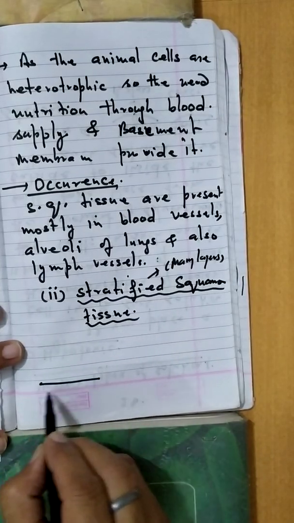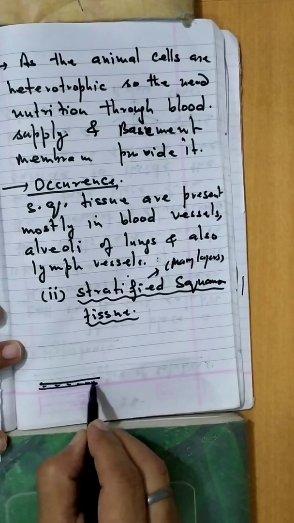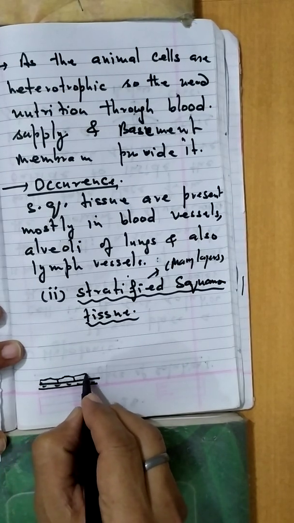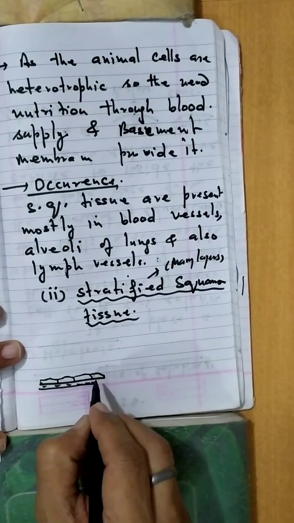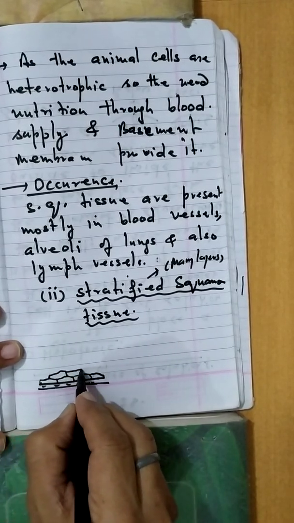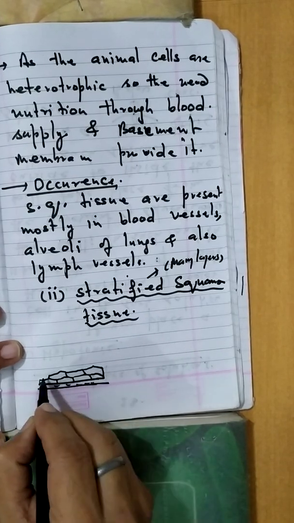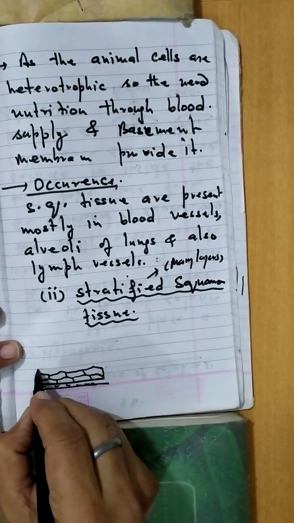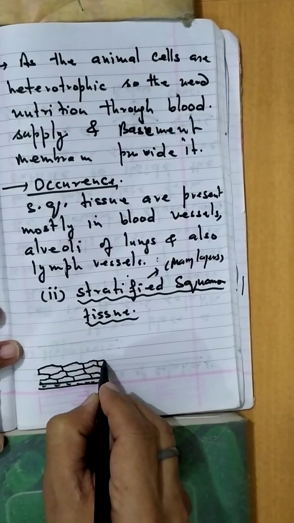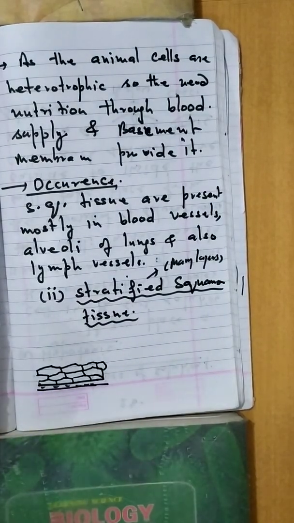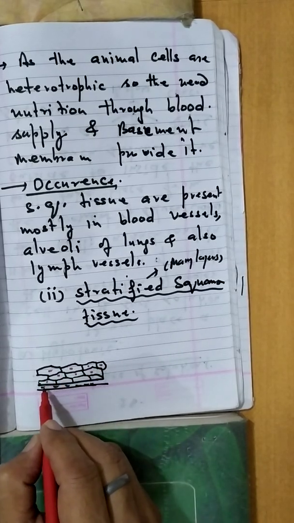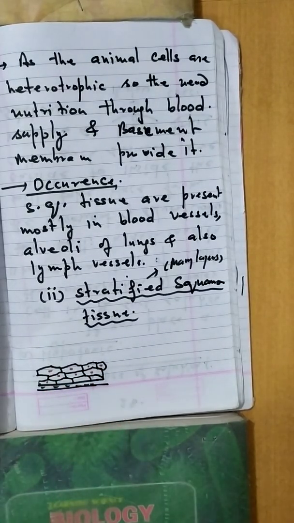Here also the basement membrane is present, above which many layers of cells are present, and so they are called stratified squamous epithelium.